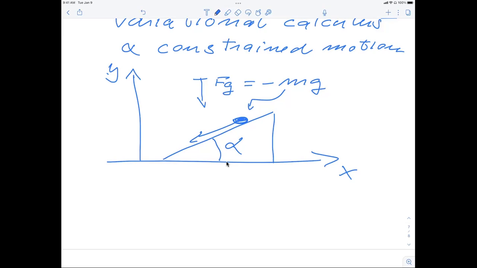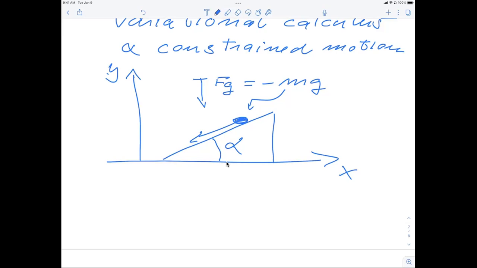So if you want to find a mathematical expression for the constrained motion, in which way could you phrase the dependence between the angle alpha, y, and x? So we want now to find a constraint on y and x, because this object is moving in 2 dimensions.